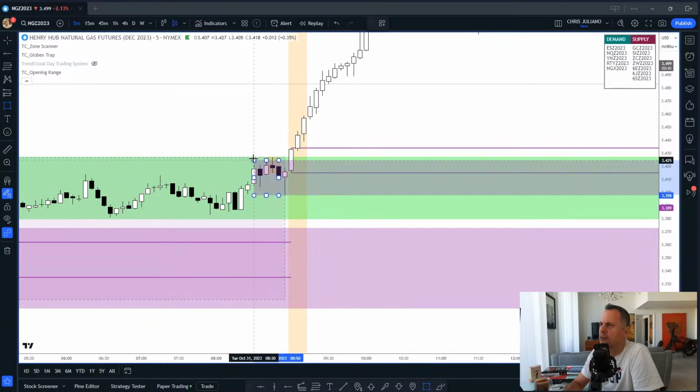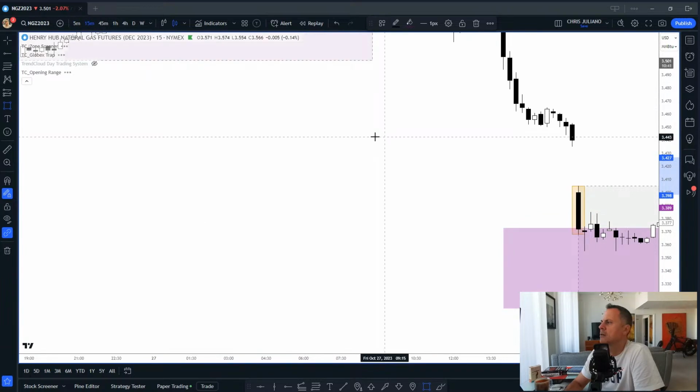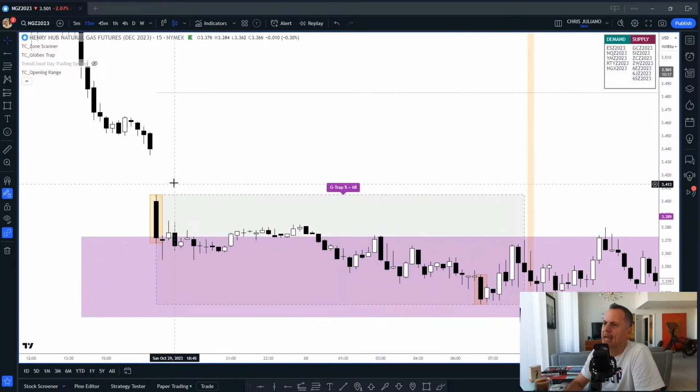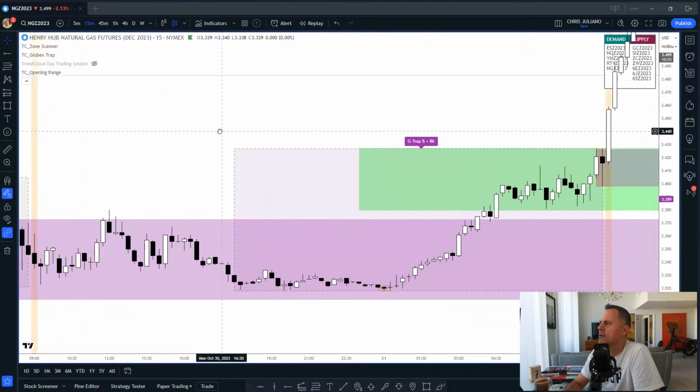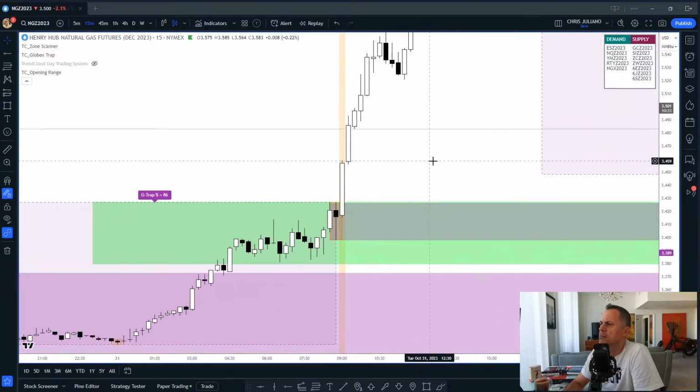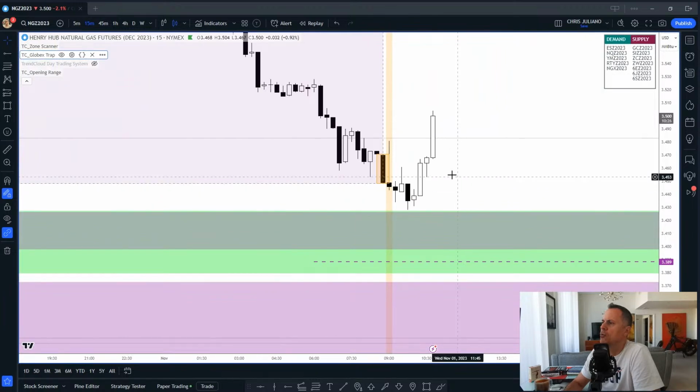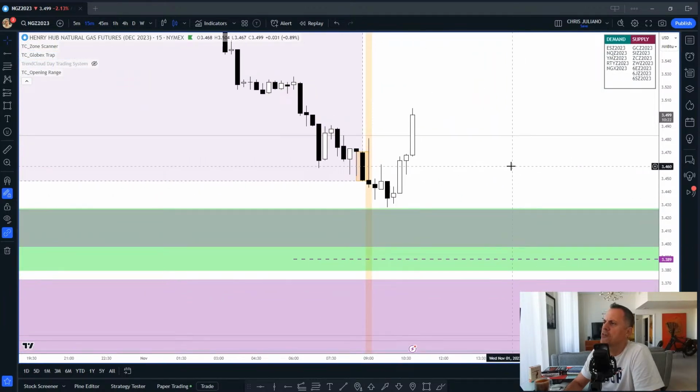Nice rejection candle right there. Go to the 15-minute. What's it look like on the 15-minute? Gap up. Okay, oh, there we go. I like that. Nice, strong rally-base-rally move. Look at that, it just missed it, right? This could kind of do like this, okay?